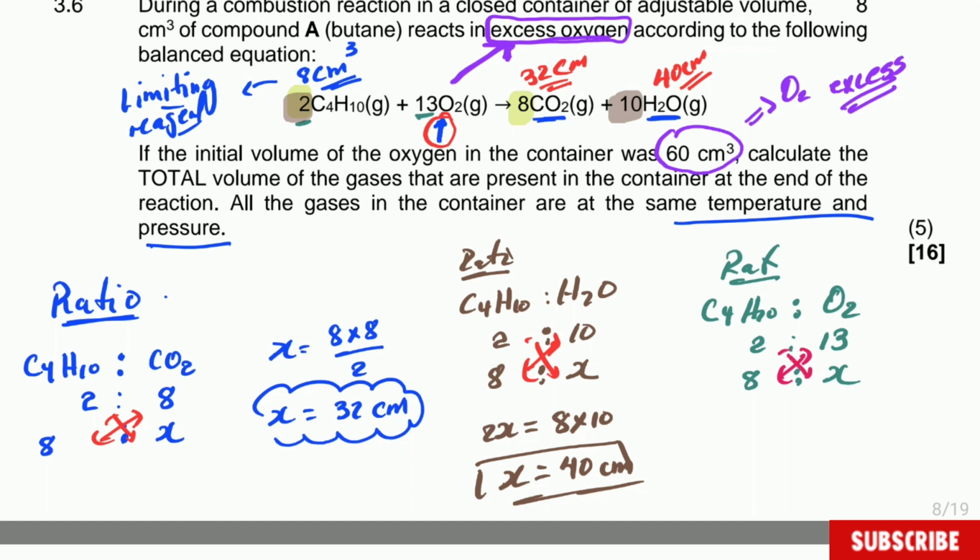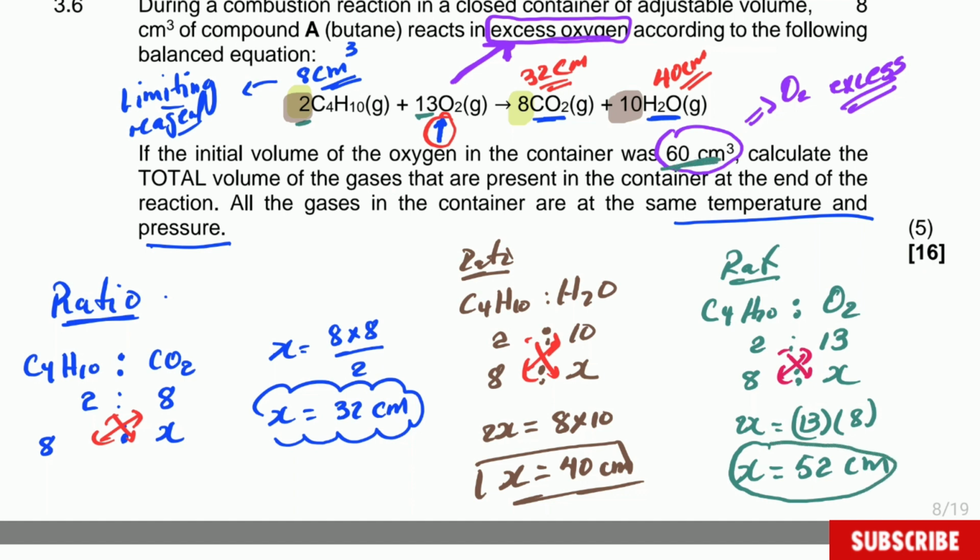Once more, cross product here. So this one is 2x equal to 13 times 8. X is equal to 52 cubic centimeters. So what does it mean? 52 is being used, but at the beginning you started with 60.